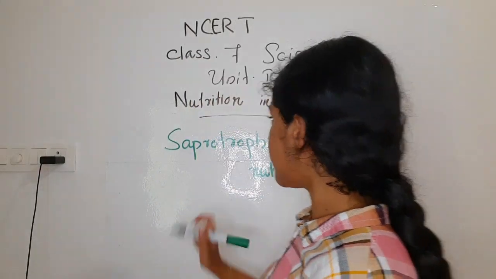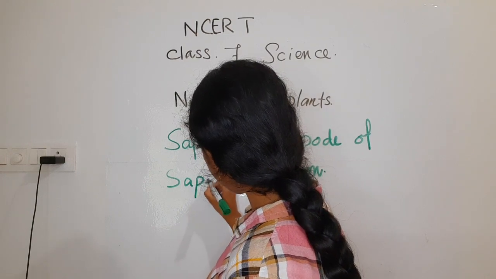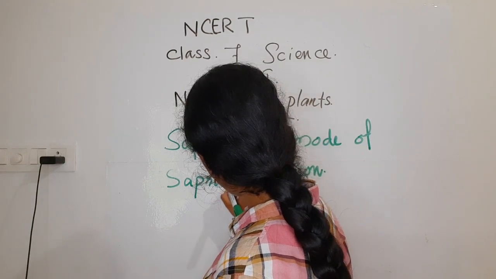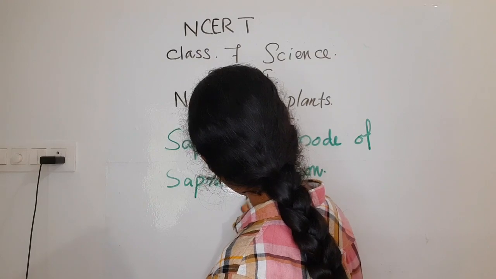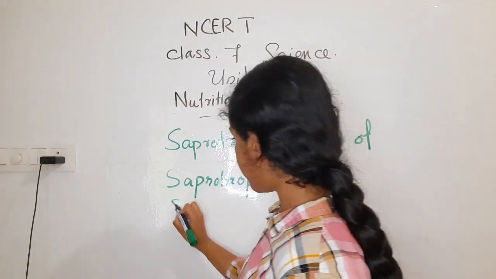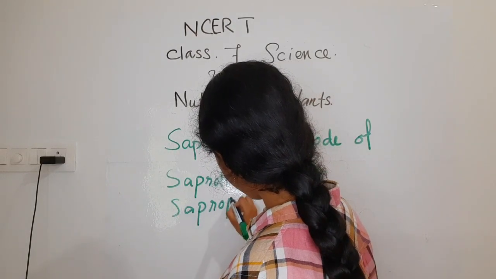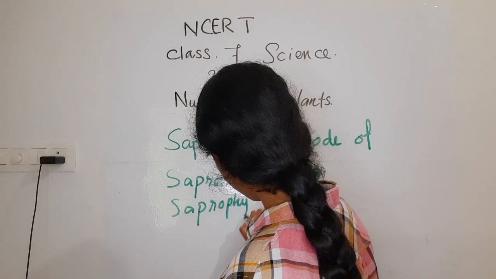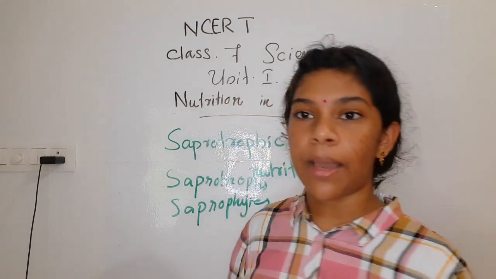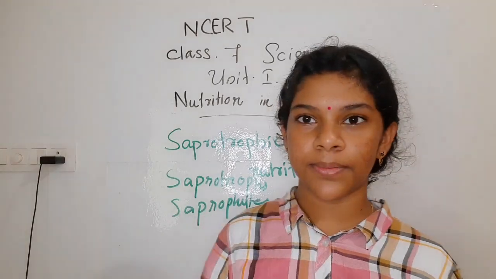The organisms that have saprotrophic mode of nutrition are called saprotrophs or saprophytes.